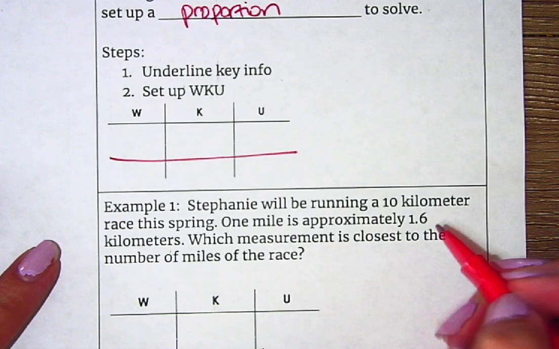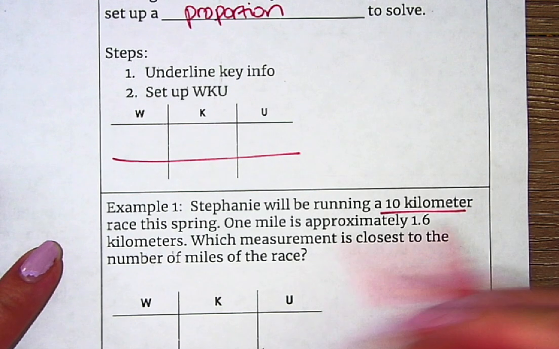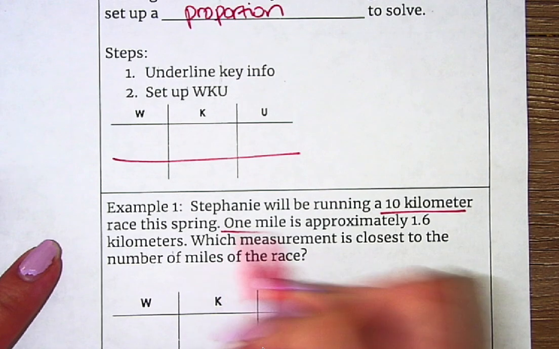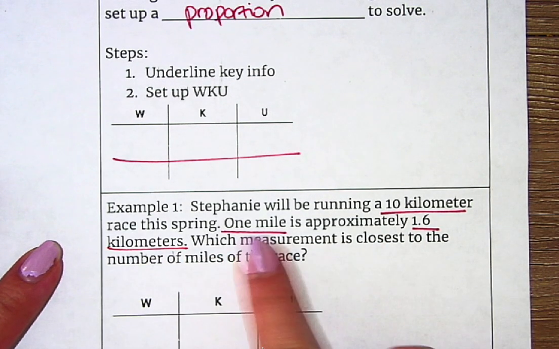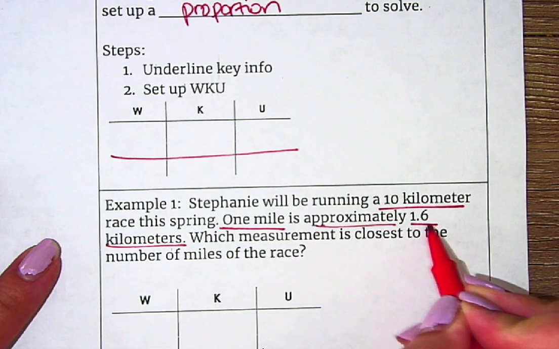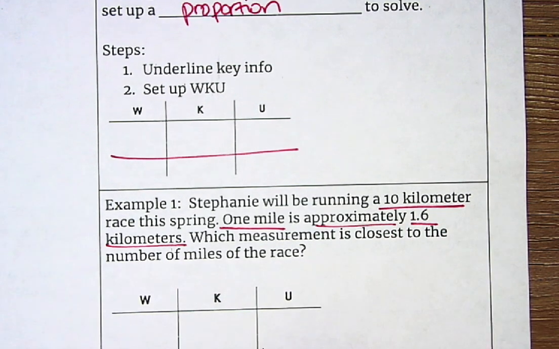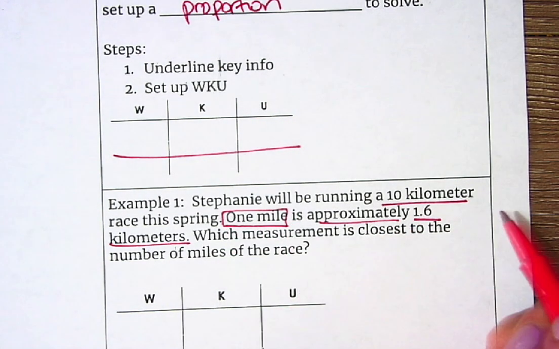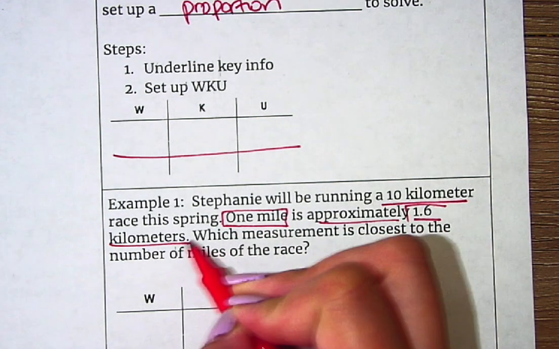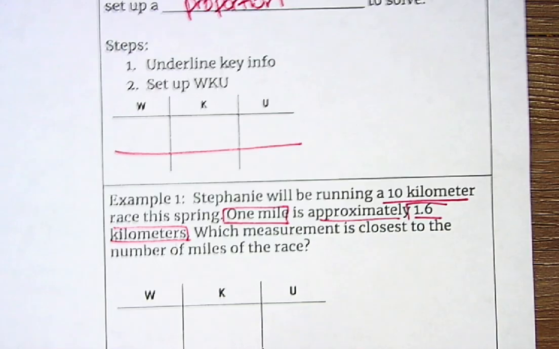So I'm going to underline everything that's important. We got this right here. It's telling us what our measurement are. It says 1 mile is approximately 1.6 kilometers. Okay? I want you to put a box over 1 mile, and I want you to put a box over 1.6 kilometers.